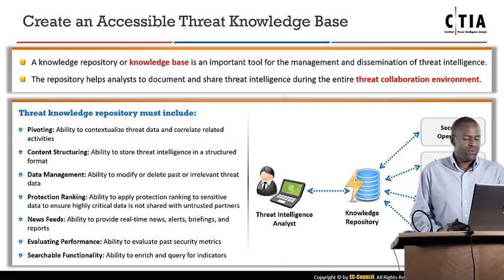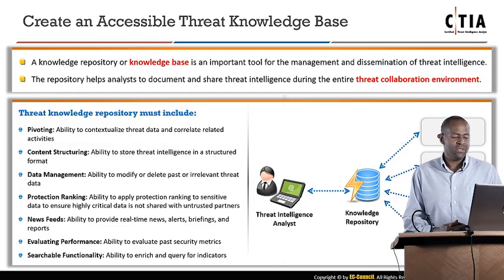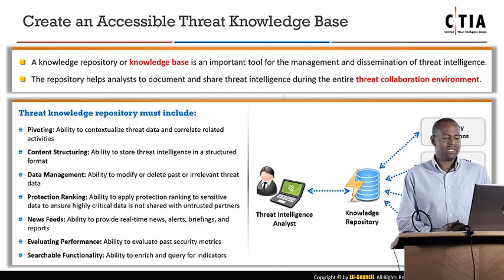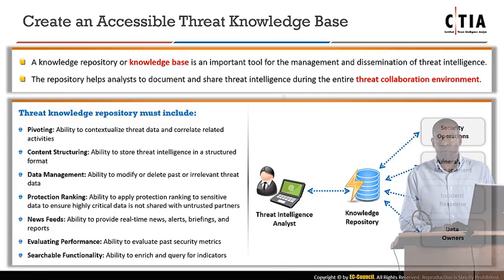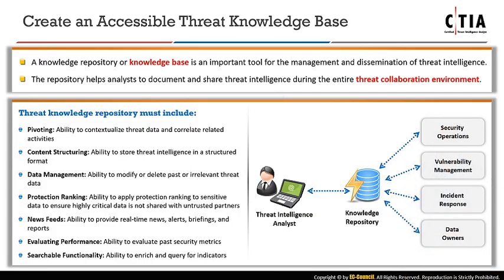Data management: we want the ability to modify or delete past intelligence or irrelevant data. A protection ranking, which is the ability to apply protection ranking to sensitive data to make sure that any highly critical data is not shared with untrusted partners.